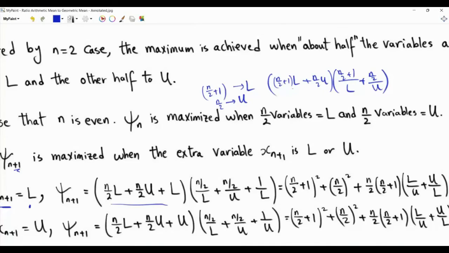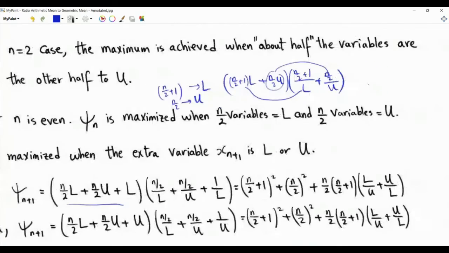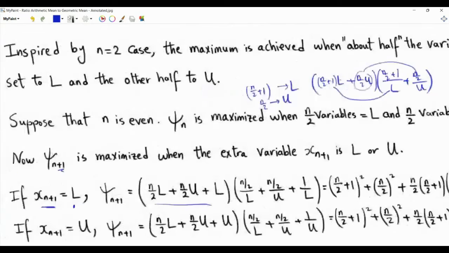Now, when we multiply, these two terms give n over 2 plus 1 all squared, since L cancels with L. These two terms give n over 2 squared, since u cancels with the u in the denominator. And then we have the cross terms: n over 2 times n over 2 plus 1, and in one case we get L over u, in the other case we get u over L. So this is what we get.